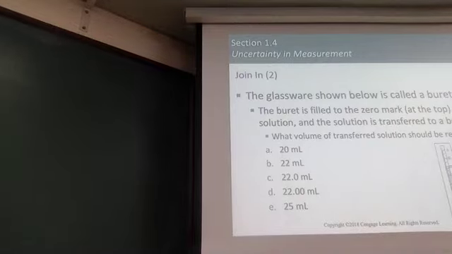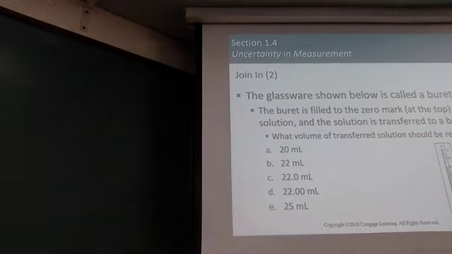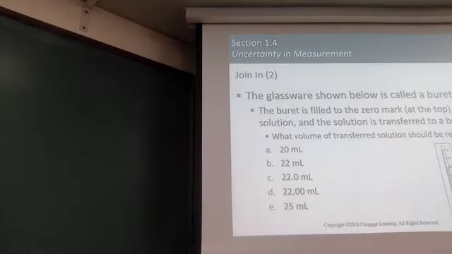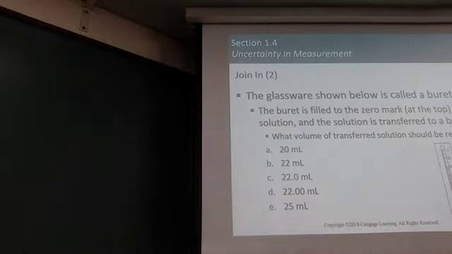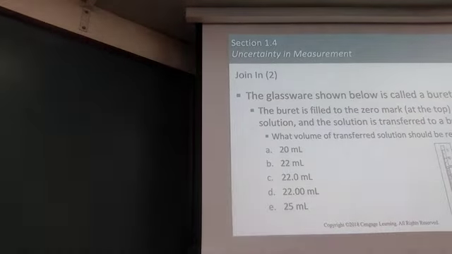So who thinks it is A, 20 milliliter? Who thinks it's B, 22 milliliter? Okay. Who thinks it's C, 22.0 milliliter? Okay, some hands. Who thinks it's D, 22.00, and E, 25?